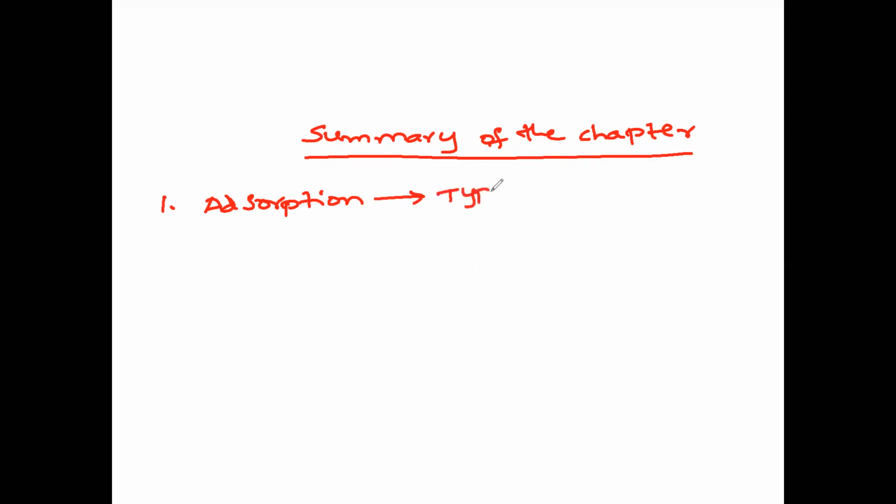First one. First we have done adsorption. In that we have done types of adsorption. Second one, that is physical adsorption, chemical adsorption.